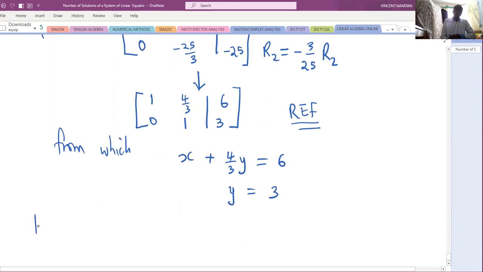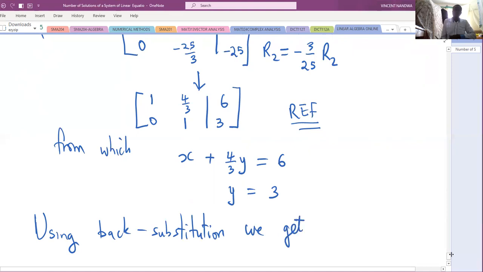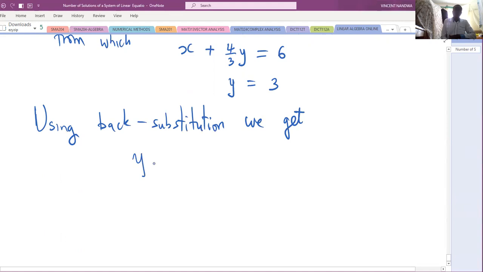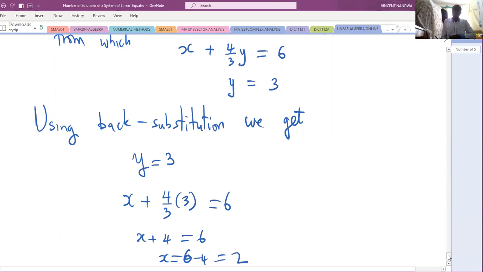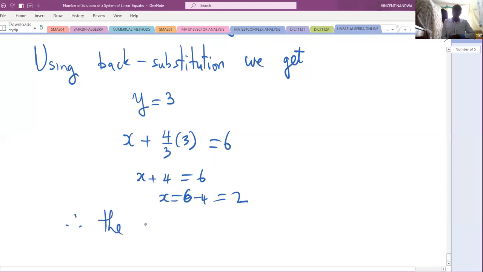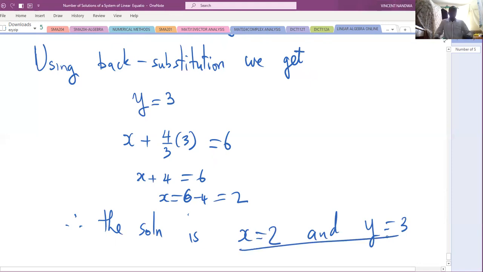So now using back substitution, we get y equals 3, and then from the first equation, x plus 4 over 3, where y is 3, equals 6. So x plus 4 equals 6. So x equals 6 minus 4, which is 2. So therefore, the solution is x equals 2 and y equals 3. So that's how we solve that given problem.